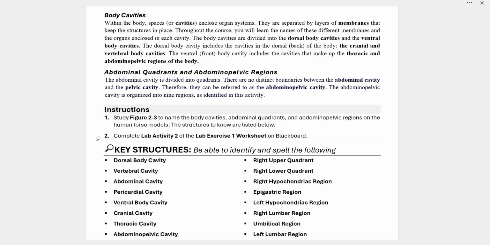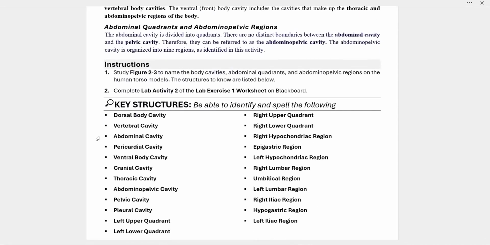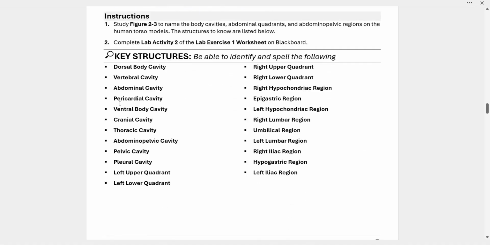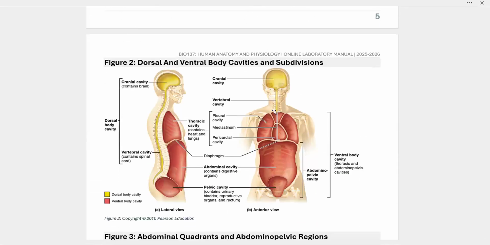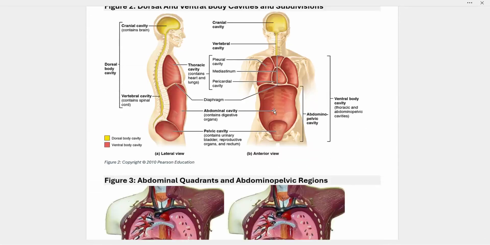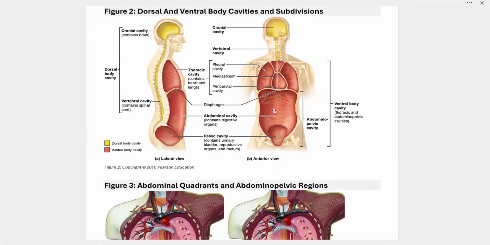All right, so let's look at some pictures here. So these are the structures that you have to be able to identify. But down here, we have the cavities. So, like I said before, dorsal is the back of the body, ventral is the front of the body. Okay, so here, all the orange is on the front, the yellow is on the back.